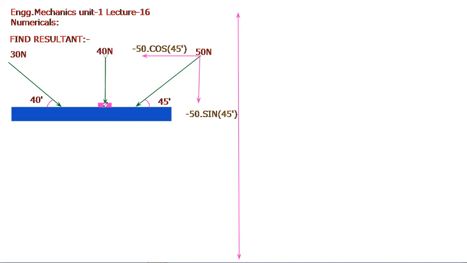next force is on the left hand side, which is 30 Newton, and this is acting in fourth quadrant. So therefore, you have to also split this force into two components. One will be towards positive x-axis and next one will be towards negative y-axis. Okay.